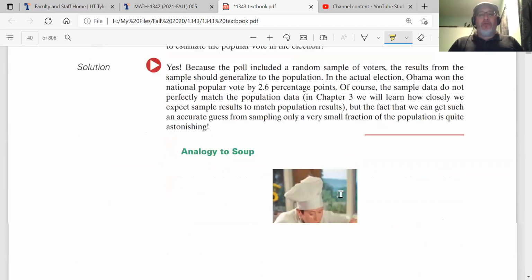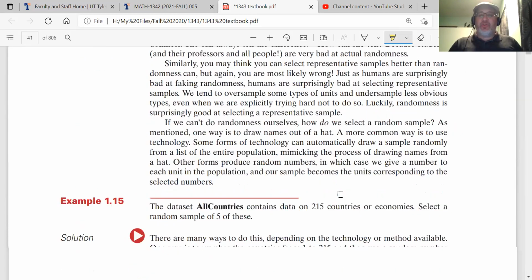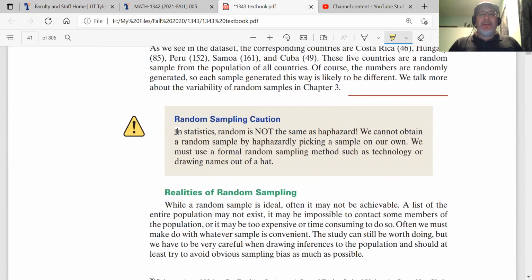I should warn you that random doesn't mean haphazard. In other words, just manually grabbing things at random does not necessarily mean a random sample. The two classic ways of selecting a simple random sample are to use technology or something like drawing names out of a hat. I always find it kind of interesting that they call this a formal method, drawing names out of a hat. Doesn't sound very formal, but I know what they're getting at.